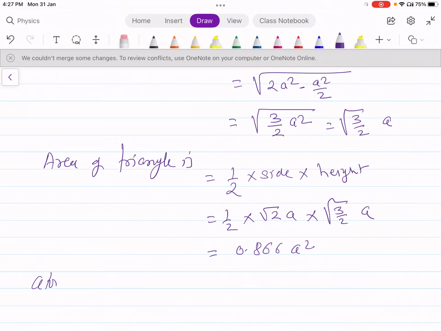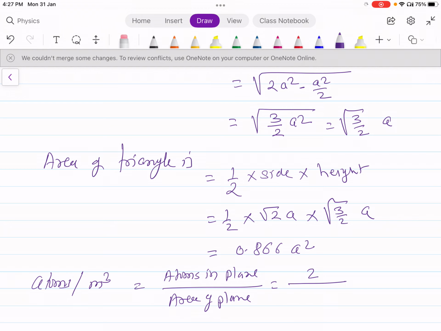So what we have to find is atoms per meter square, which equals atoms in plane divided by area of plane. Atoms in plane are 2. Area is 0.866 into A squared, where A is 4.95 × 10^-10 meter.